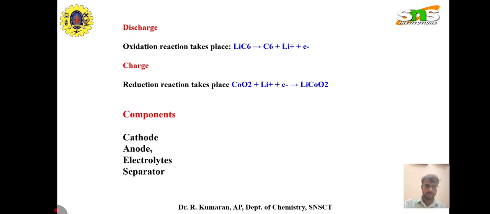Cobalt oxide is involved, which forms LiCoO2 on the charging side. So cathode, anode, electrolyte, and separators are some of the typical components available in a lithium-ion battery.